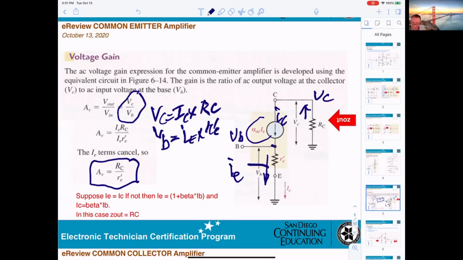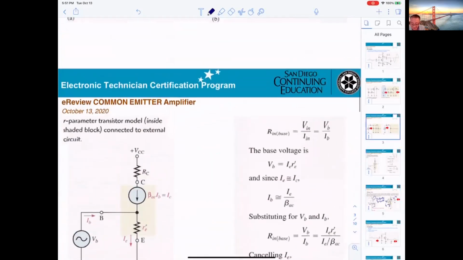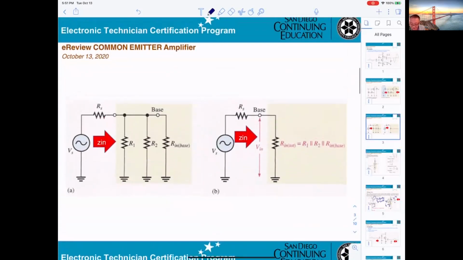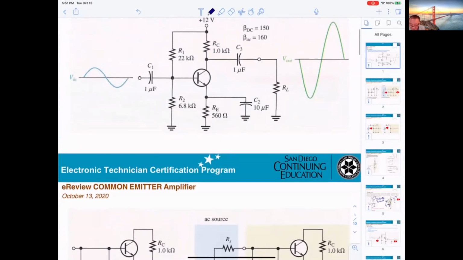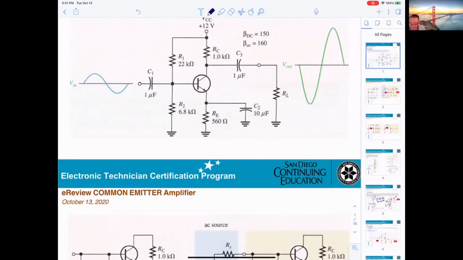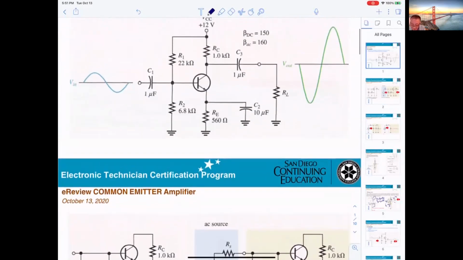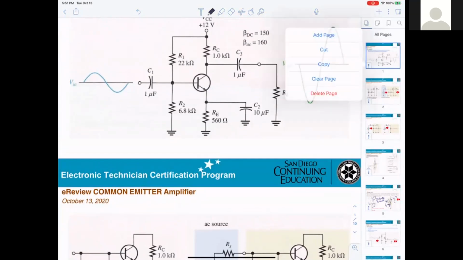Now I make a little change on this circuitry here.